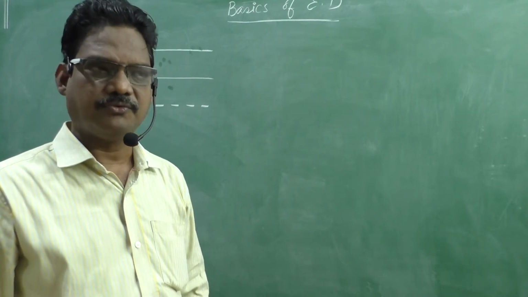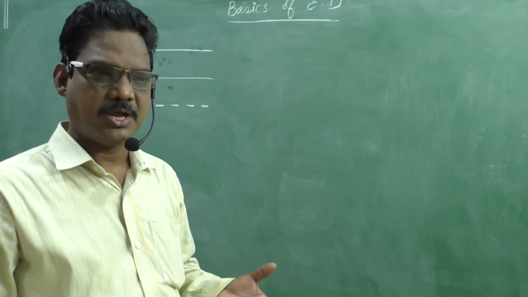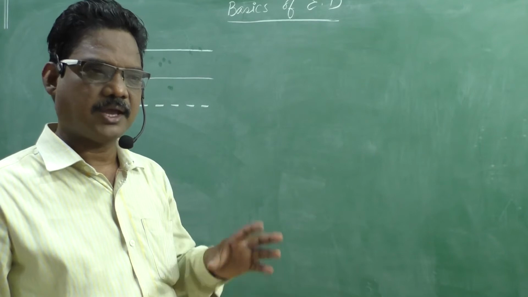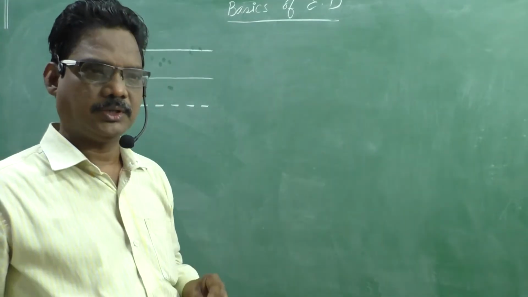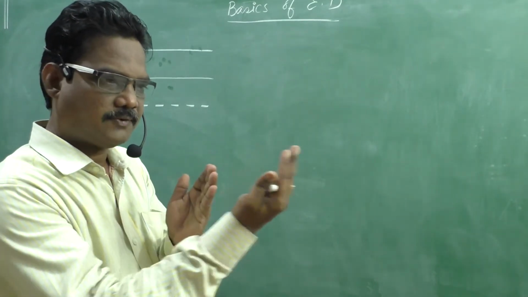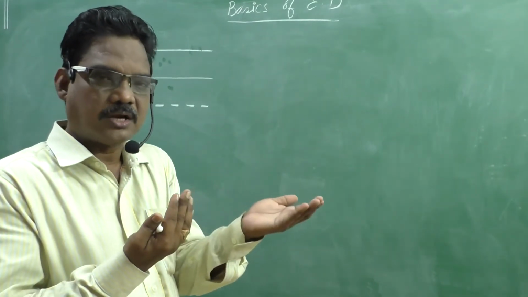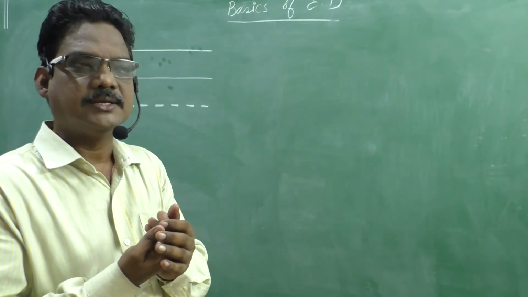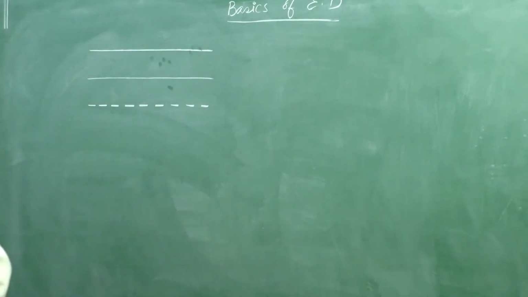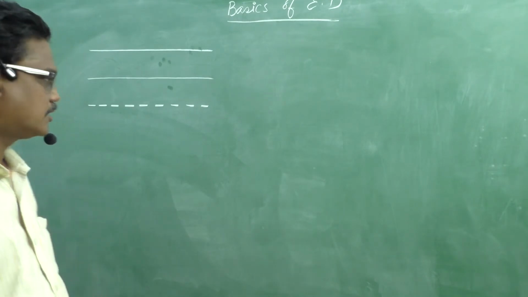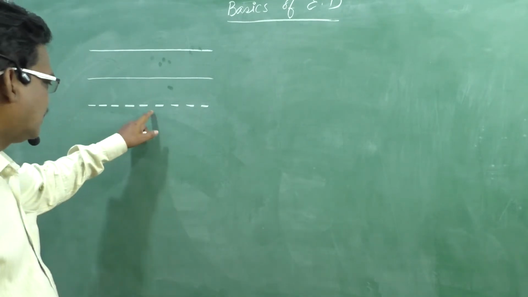That means if we have an object and that object is having a blind hole, that means hole up to some depth only. If we see that object from the front portion, that hole is not visible at all. In such cases, the invisible holes or invisible edges are represented with dotted line.